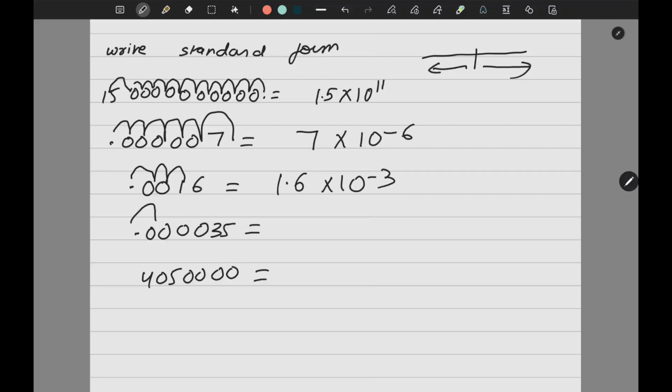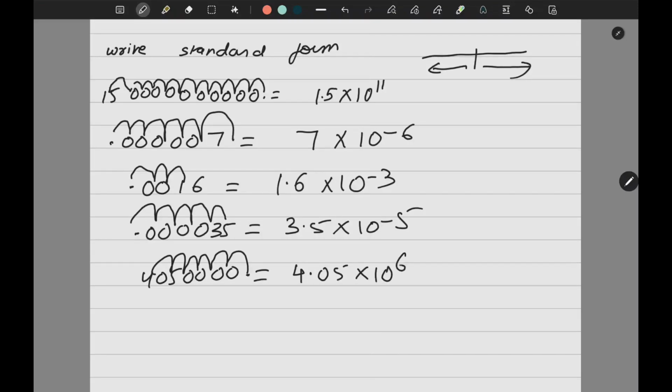Then next 1, 2, 3, 4, 5. So 3.5 into 10 to the power minus 5. Okay, here the decimal will be here. 1, 2, 3, 4, 5, 6. So 4.05 into 10 to the power 6. Remember, since here is a digit, I should not leave it. I should write it. Okay.